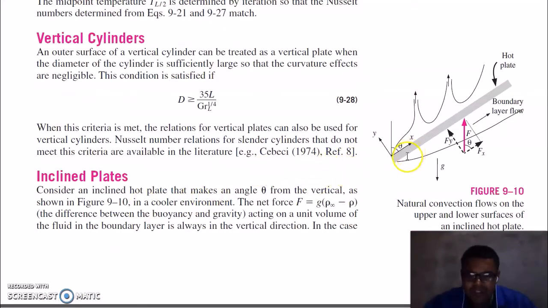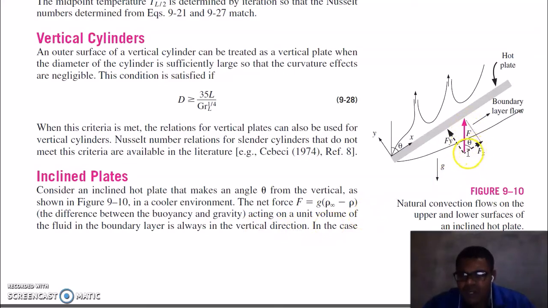Inclined plates. Consider an inclined hot plate that makes an angle theta from the vertical as shown in the figure in the cooler environment. The net force F is equal to g into the difference between the densities, acting on the unit volume of fluid in the boundary layer, and it is always in the vertical direction.